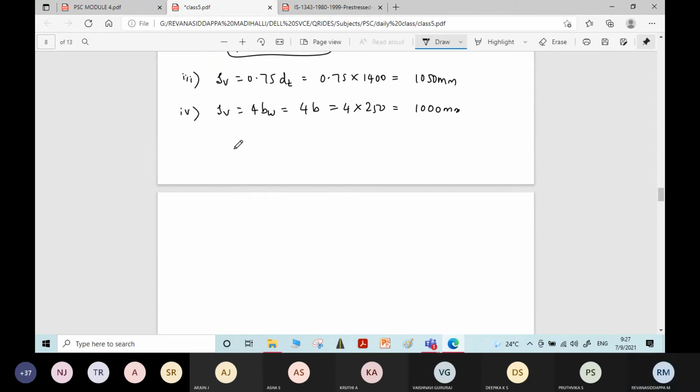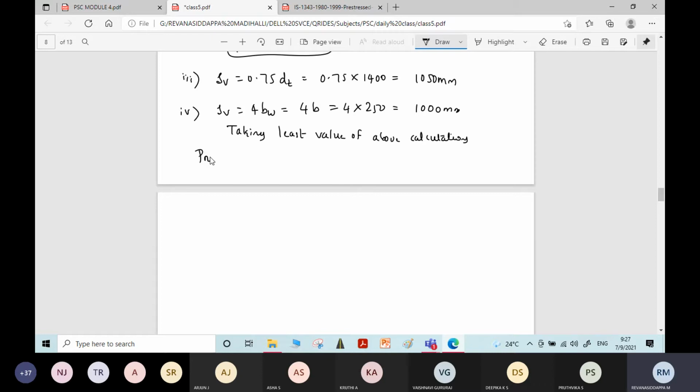Therefore, taking least value of above calculations, the least value is 238.